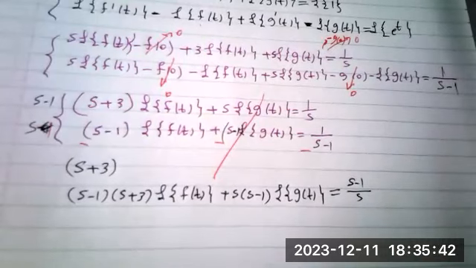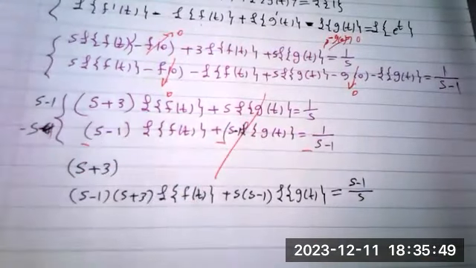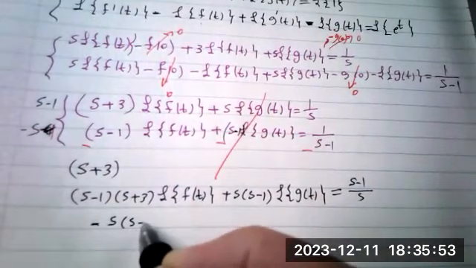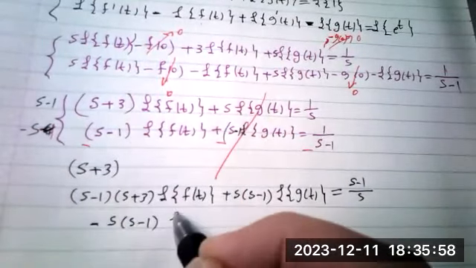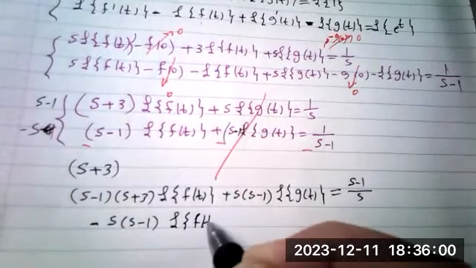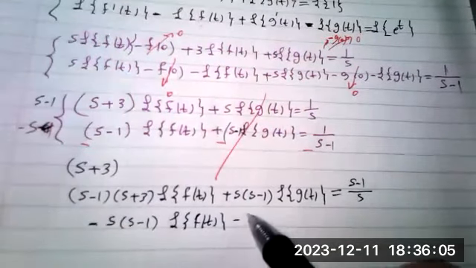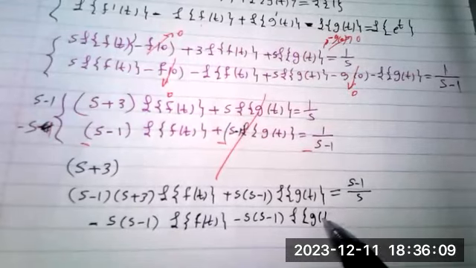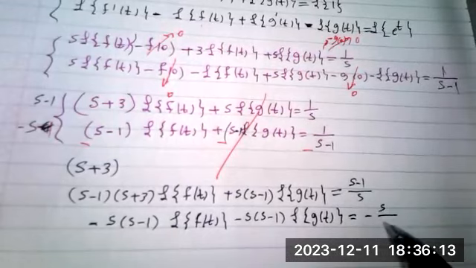The second one, we have to multiply by negative s. So that gives me negative s times s minus 1 Laplace of f of t. The next one would give us a negative s times s minus 1 Laplace of g of t, and on the other side, we get a negative s over s minus 1.